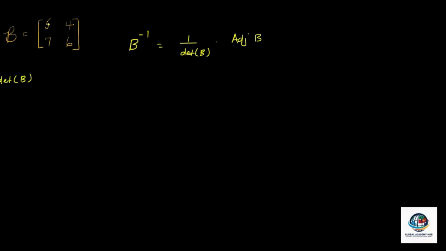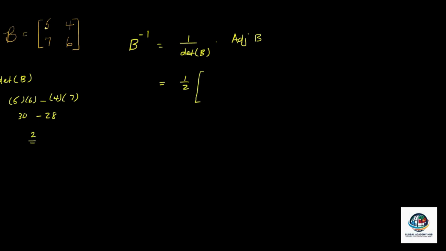So that's going to be A times D, which is 5 times 6, minus B times C, which is 4 times 7. So this is 30 minus 28, hence this is 2. Yeah, I do have an inverse. It's not 0. So this then becomes 1 over 2 multiplied by the adjoint of this.